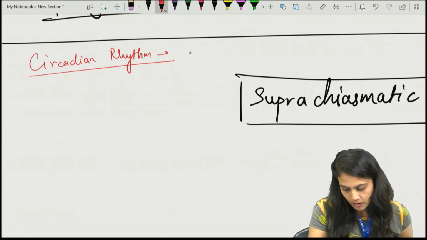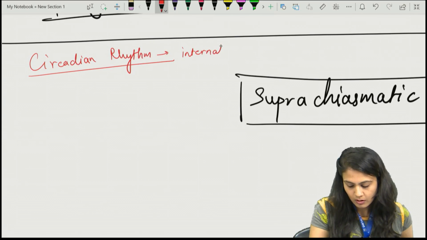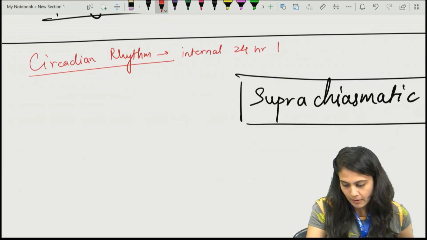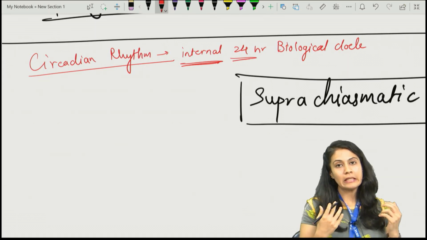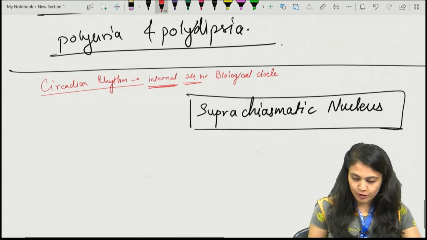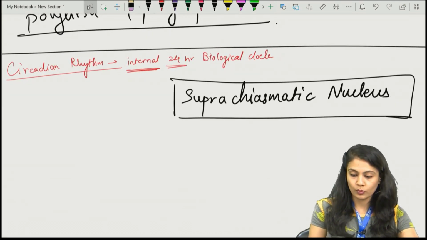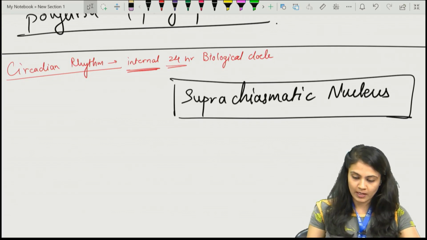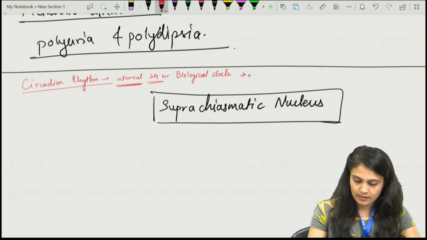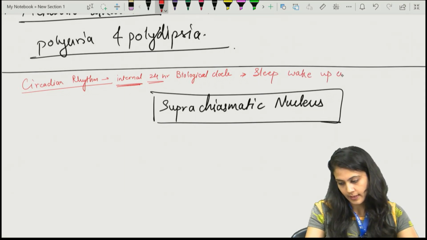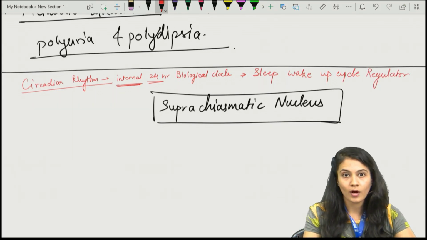It is also known as the internal 24-hour biological clock. It is actually more than 24 hours, but approximately we take it as 24 hours. It is also known as the sleep wake up cycle regulator.